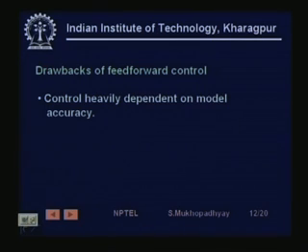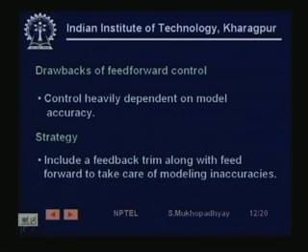So now let us look at the drawbacks of feed forward control, that is, the control is heavily dependent on model accuracy. So we want to actually have the best of both worlds.